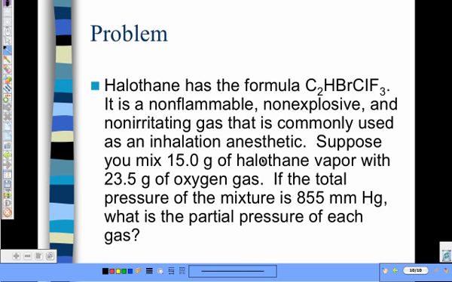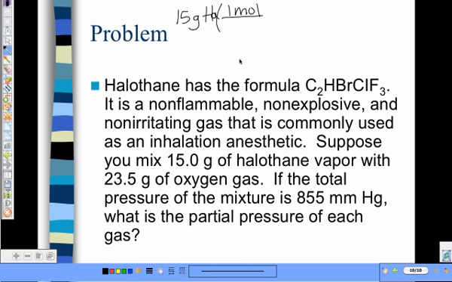How would we do this? Switch everything to moles, yep. So we have 15 grams. I'm just going to call that big H for halothane.